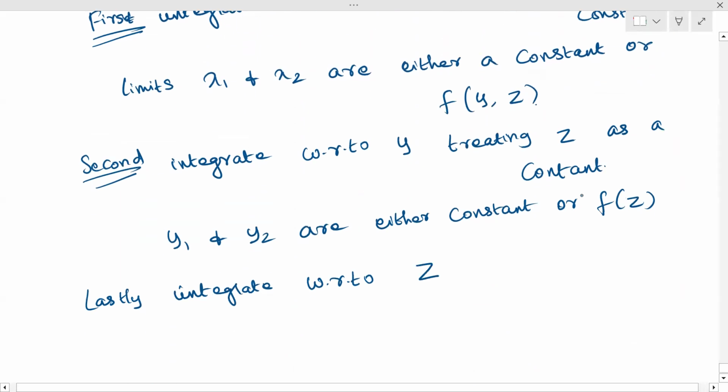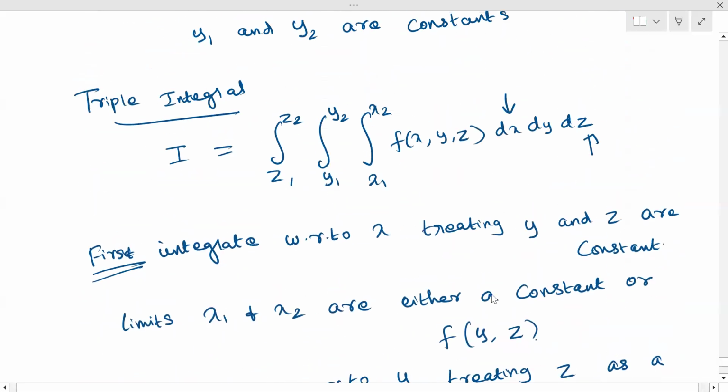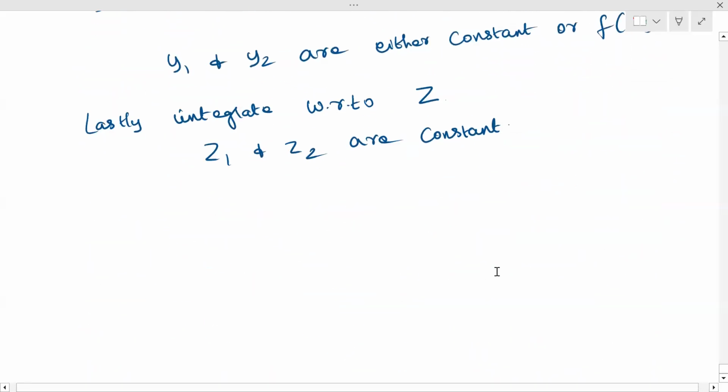Integrate with respect to z. Here, z1 and z2 are constant. So, this is the procedure of doing the triple integration. Now, we do the simple problems.